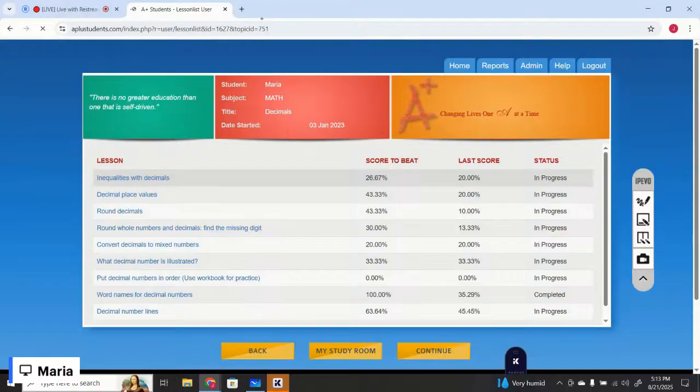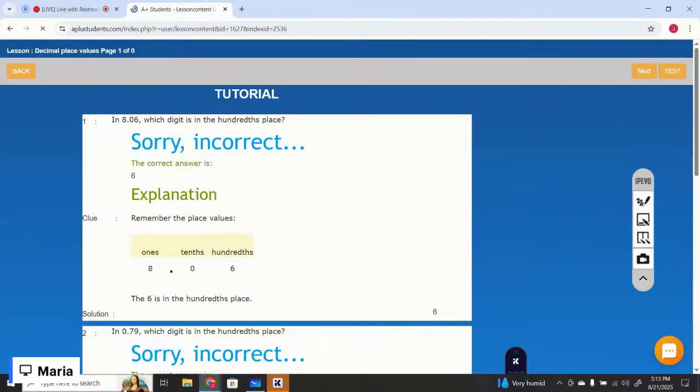That is decimal place values. In 8.06, which digit is at the hundredth place? So first thing you need to learn is the place value chart for the decimals, right?